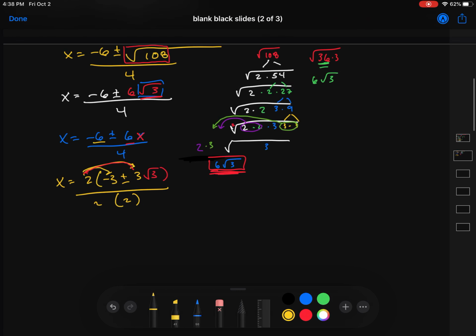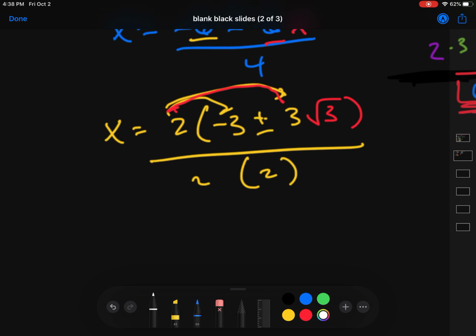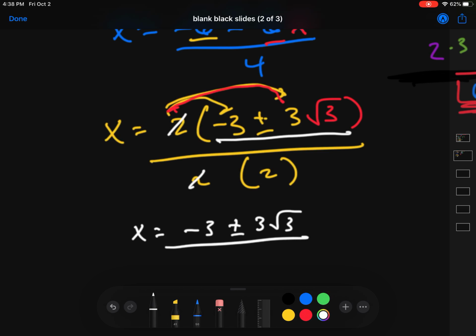Okay, why did I do that? So I could do all of this. 2 divided by 2 is 1. So you're left with negative 3 plus or minus 3 radical 3 all over 2.